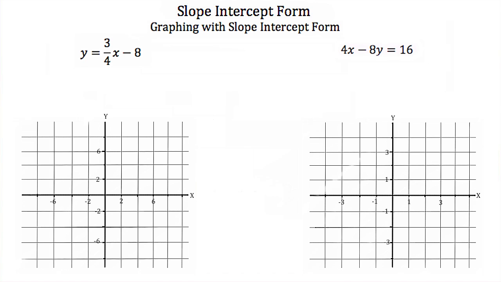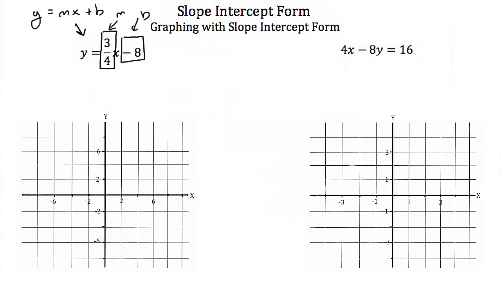Now say we're given a linear equation, can we use slope-intercept form to help us graph it? Well, first we have here a linear equation that's already in slope-intercept form, which is y is equal to mx plus b. Here, our 3/4 is going to be our m, or our slope, and then our -8 will be our y-intercept.